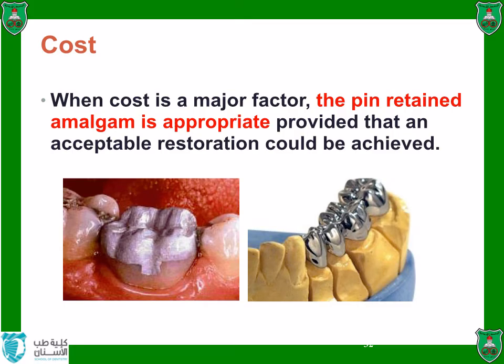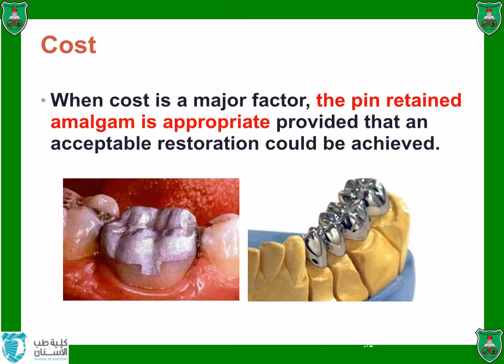Now about the costs, if we compare the pin retained amalgam restoration to the indirect restoration, then the cost is a major factor and pin retained amalgam is an appropriate treatment. It's cheaper than indirect restoration, provided that an acceptable restoration could be achieved. This depends on your skills.